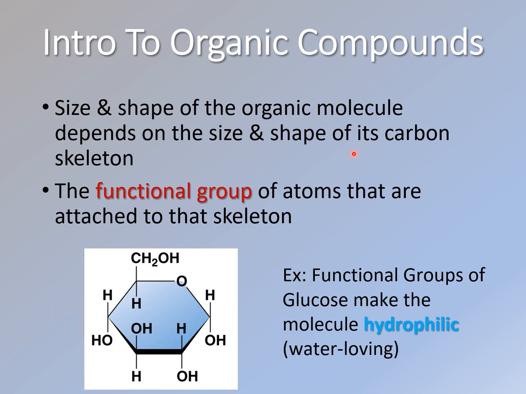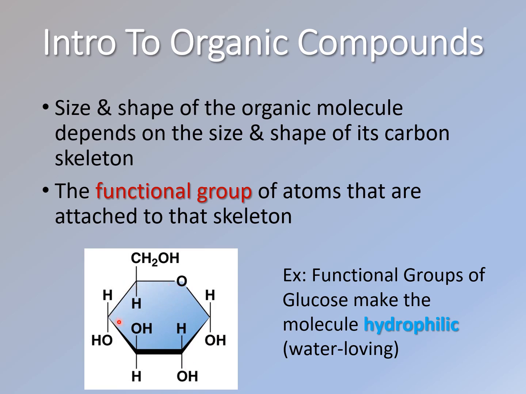The size and the shape of an organic molecule really depends on that carbon skeleton. So what do we mean by a carbon skeleton? That's how many carbons are attached to each other and what shape they are in. Like on our last slide, we have some that were just in a row, but then we also have these ring structures as well. Each corner here is a carbon.